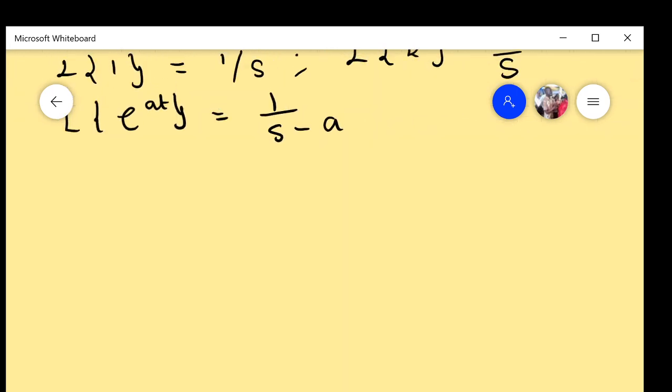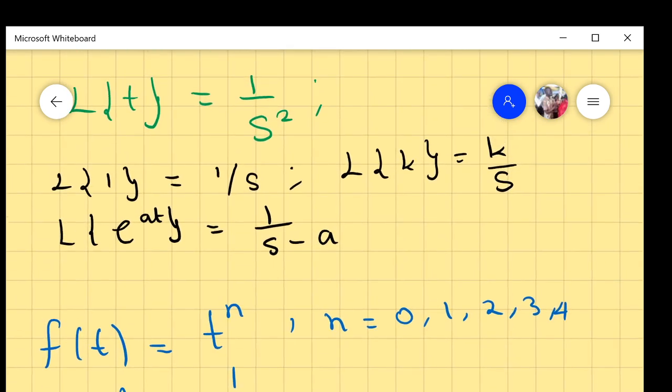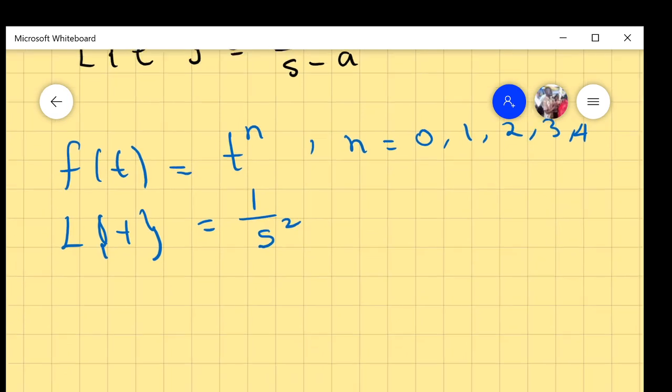Now let's look at this other example. If I have f of t equal to t to the power n, where n could be 0, 1, 2, 3, 4. We already know that the Laplace of t was 1 over s squared.